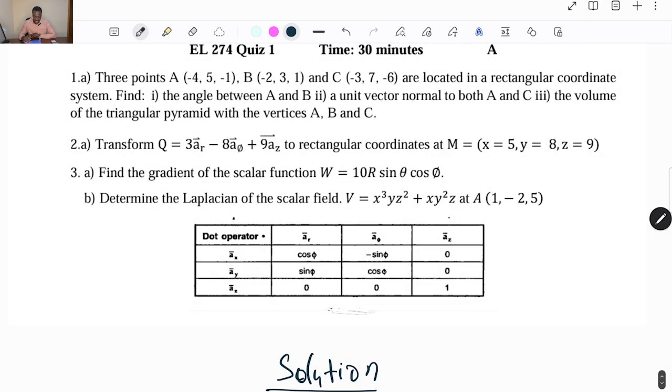I have the first question, 3 points. A is -4, 5, -1. Then point B is -2, 3, and 1. And then point C is -3, 7, and -6.